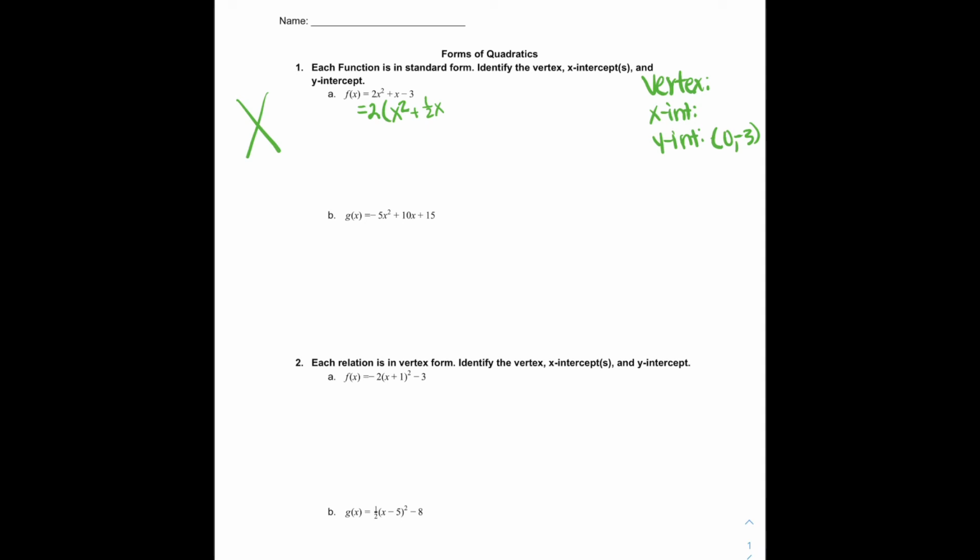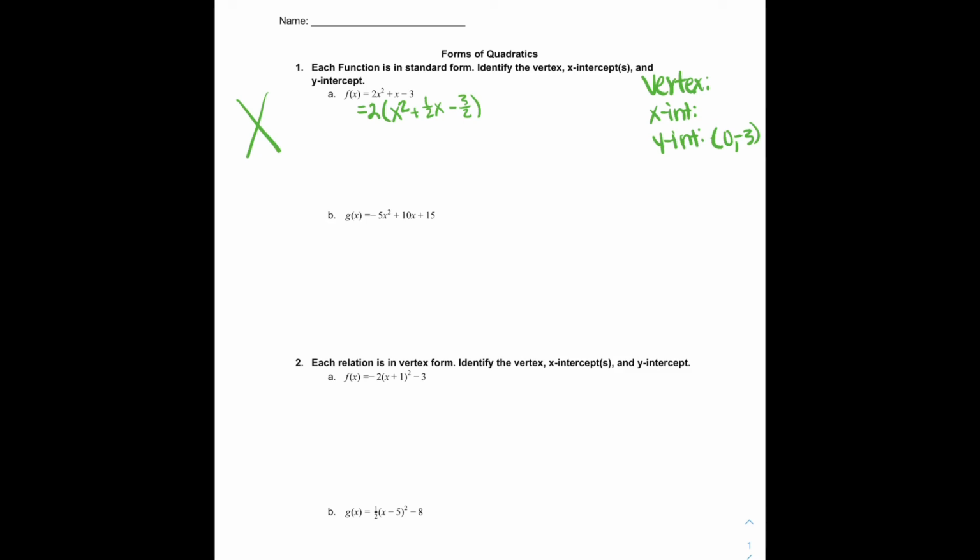Then I have -3 divided by 2, that's just -3/2. All I've done is factor out the 2 from each piece. If you don't like this method, you can use quadratic formula. I'm totally 100% okay with that. I'm just showing you a different way, okay?